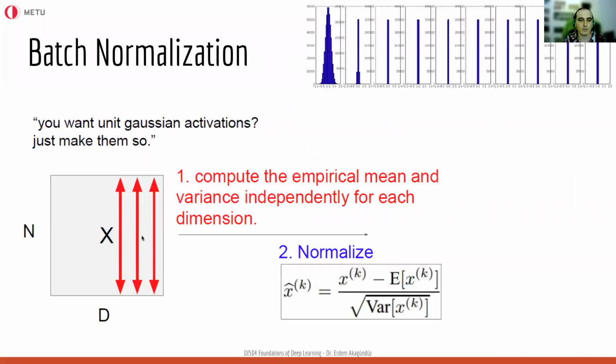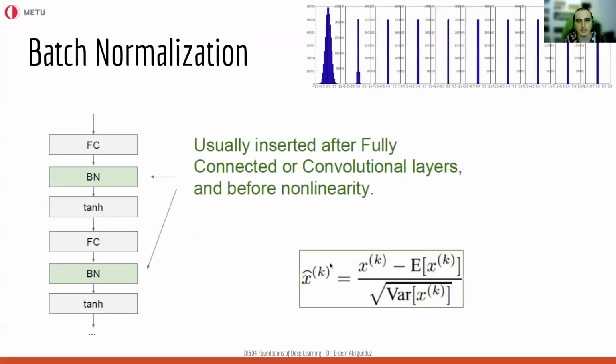What you do is you compute the empirical mean, which is the average, and you normalize. We usually insert them after the fully connected layers, before the activation layer, so that we have proper values fed to the activation layer.